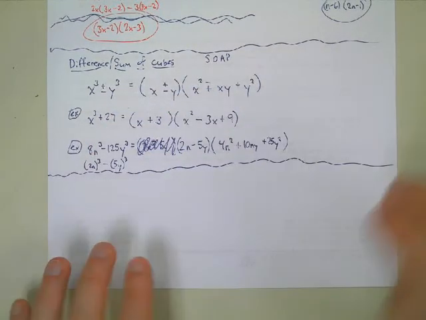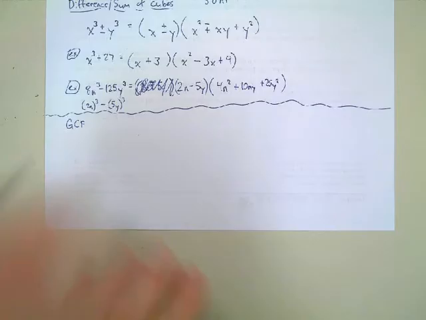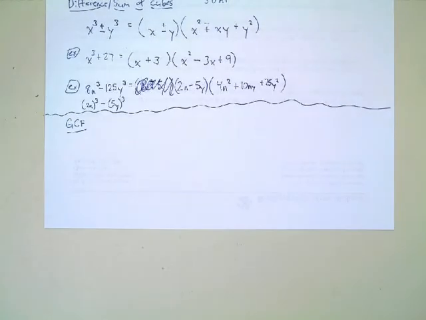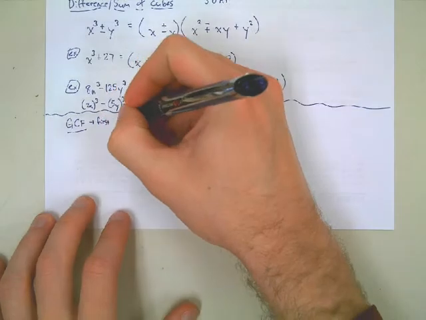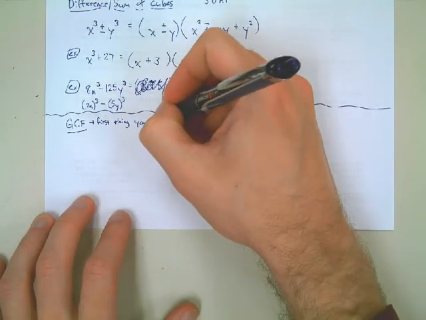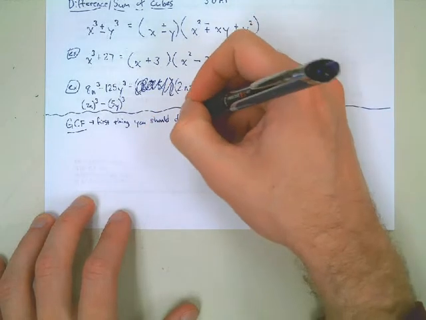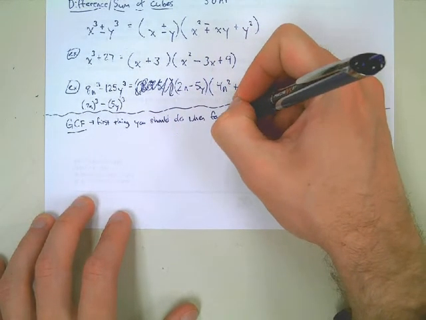Next. Other big type of factoring we should be able to do, GCF, greatest common factor. In fact, when it comes to factoring, that is the first thing you should do when factoring or simplifying. Always factor out that GCF.